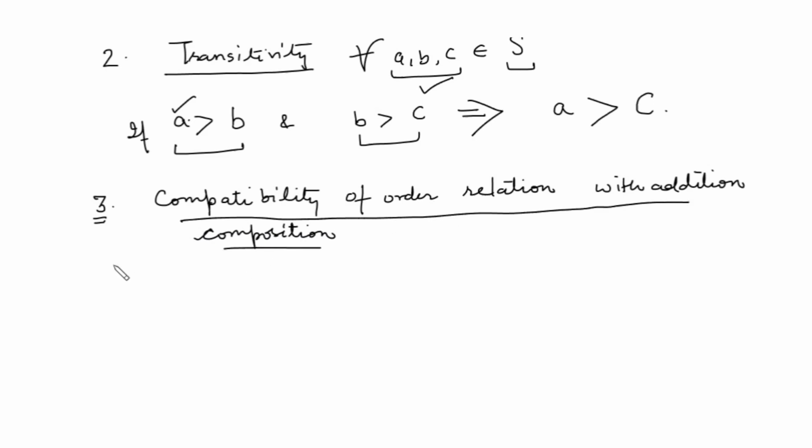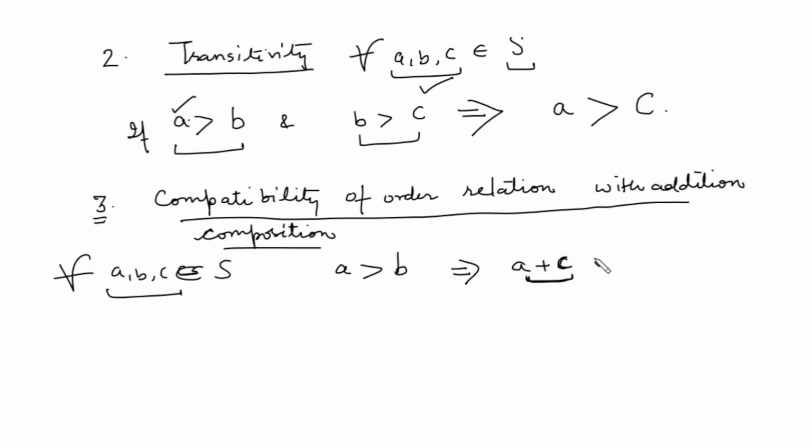This says that whenever you have three elements from the set S, and this is true for every three elements, whenever A is greater than B, this implies A plus C is greater than B plus C. You can add a number, and the order remains the same if you add an element to both sides.